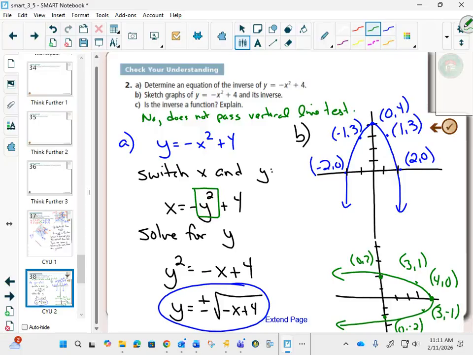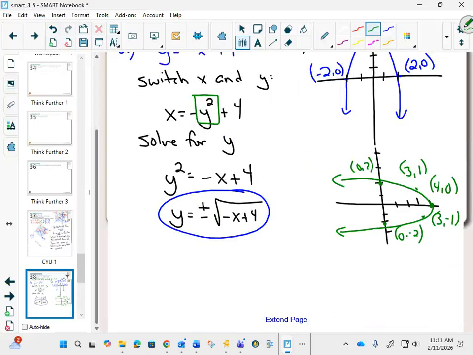Now, what I want to point out is, I'm going to recircle this in green. The equation of the inverse, that's that graph. That plus or minus really means you have two different equations.